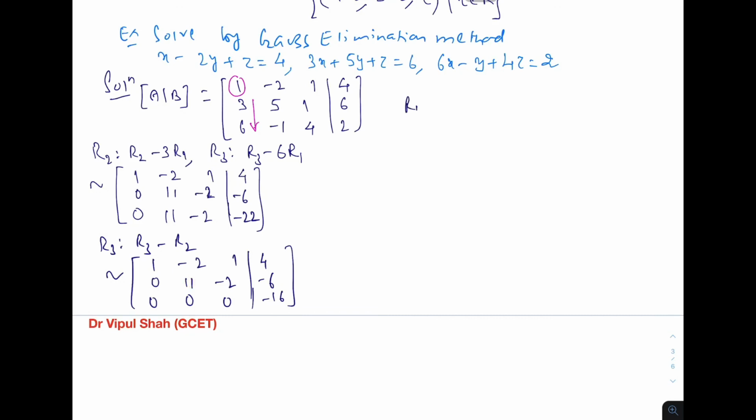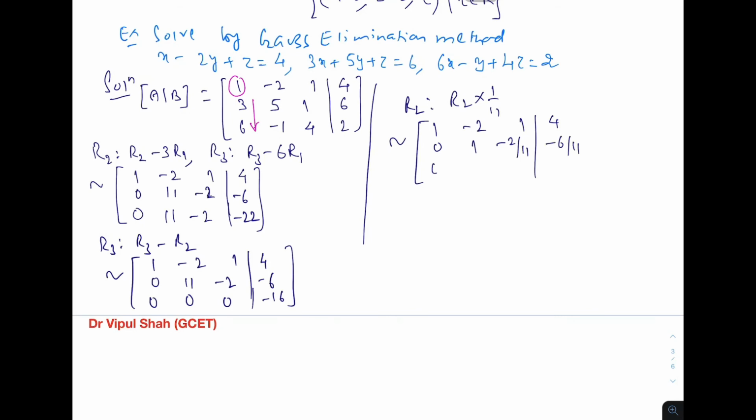Okay, now we divide by 11, to make this entry 1. So next step is R2 into 1 by 11. So that is 1 minus 2 1 4. This is 0 1 minus 2 by 11 minus 6 by 11, but this is 0 0 0 and minus 16.